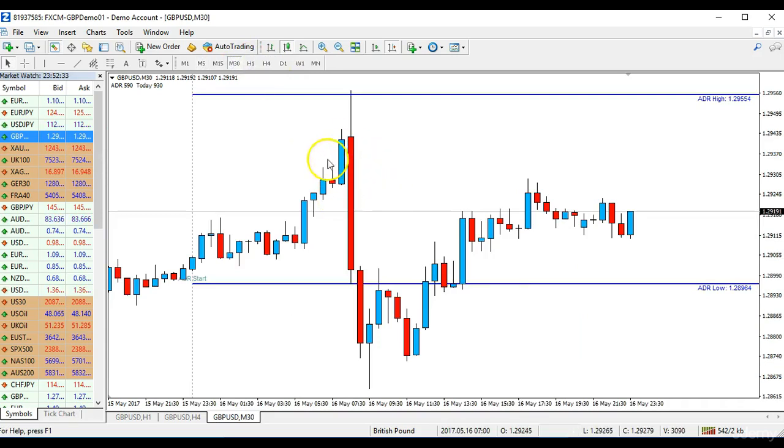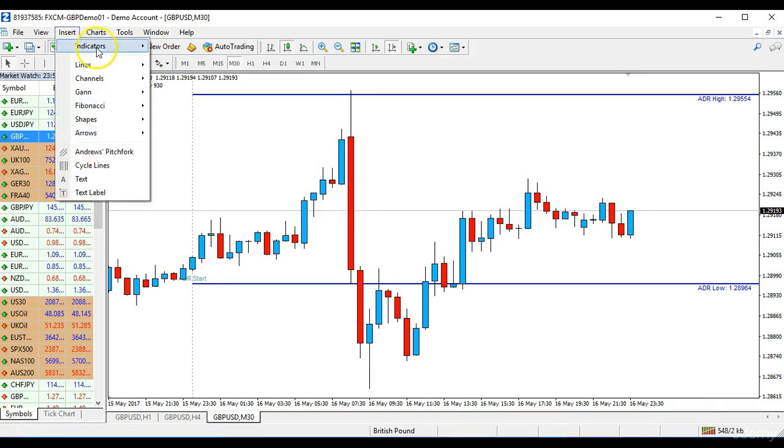You can see when the ADR high and low were hit, they formed these blue lines. So that can be useful, but it is just an indicator. It's not something to actually inform your trading. It's not a magic bullet. There's nothing like that. It just doesn't exist. So this is why I'm not going to spend a lot of time on indicators.